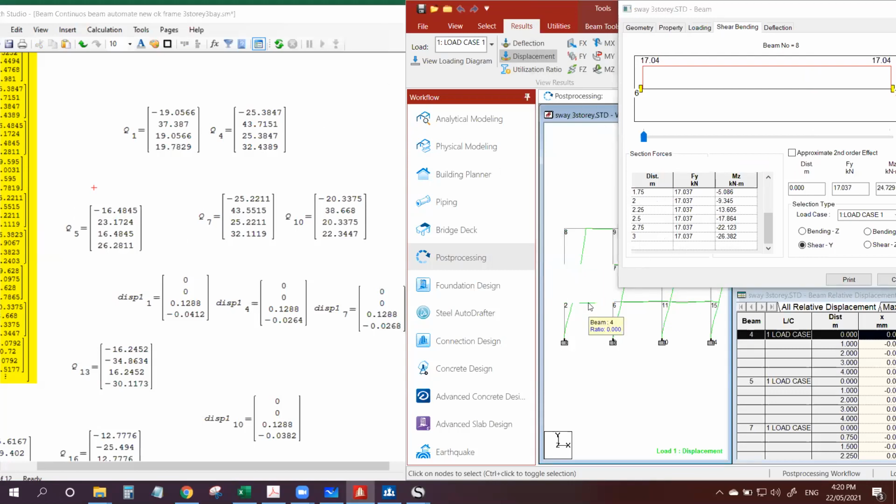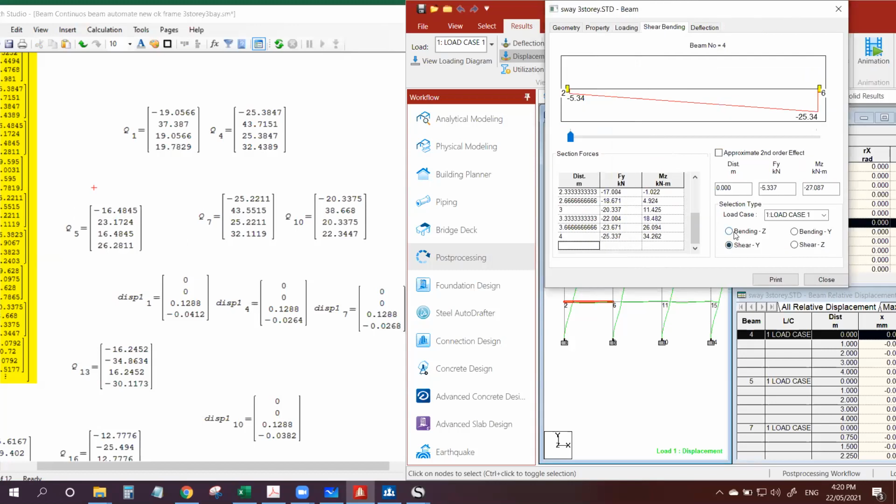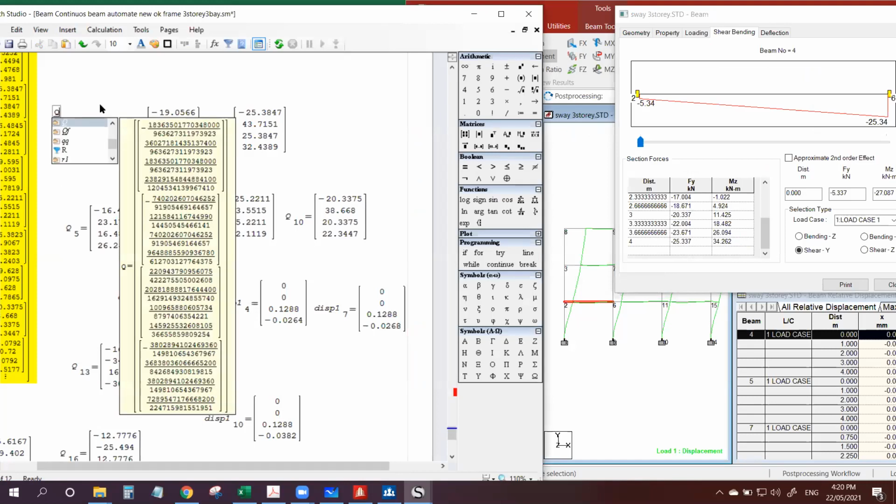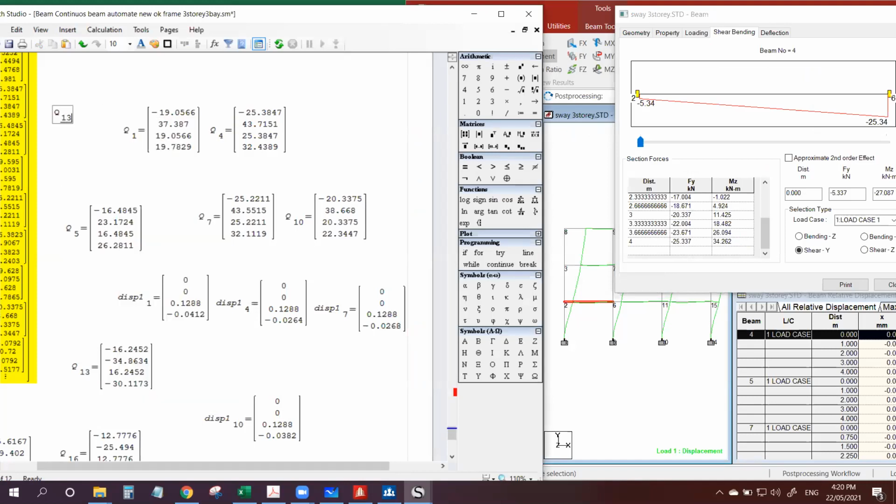Say for beam, let's sample this. I'm getting 5.325. So what member is this? Member 13, right? So Q sub 13, then equal. There will be a difference in beam because we are neglecting the actual.